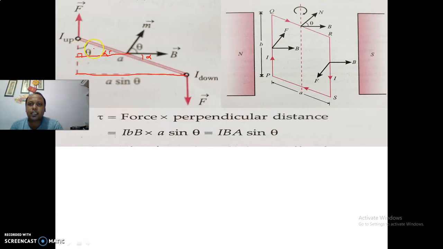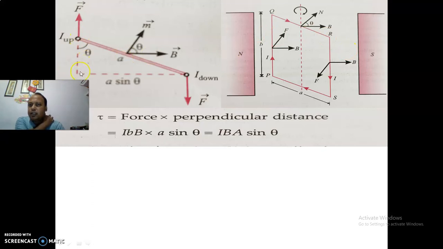So if this is theta, here the value of theta is 90 minus alpha, and here also, if this is alpha, naturally this angle will be 90 minus alpha, which is theta, because we have considered 90 minus alpha as theta. So if this is the condition we are getting here, the length from P to R is a.